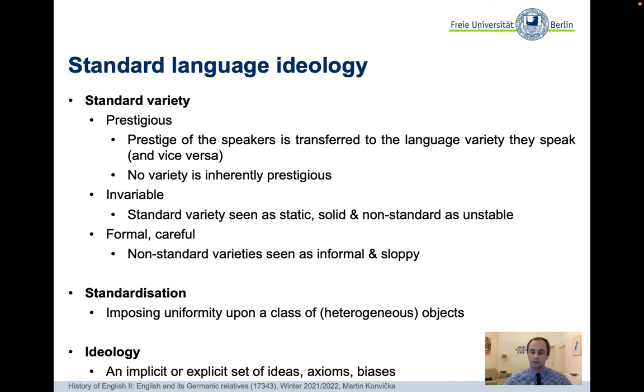And they are also very often in the form of biases, things that we sort of subconsciously like or dislike, and then try to impose our biases and our ideas about how language and languages should look like. We try to impose those on the speech of everyone else. This is basically the idea of standardization.